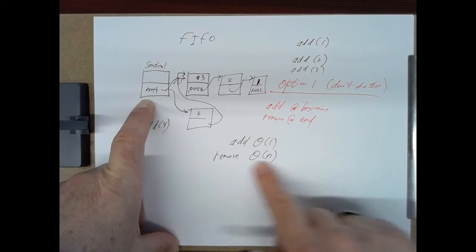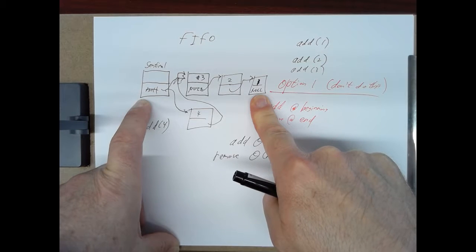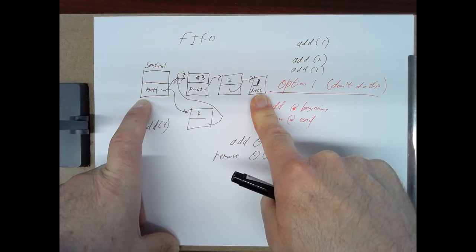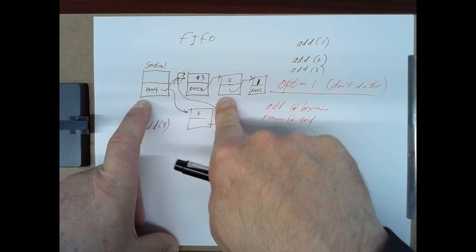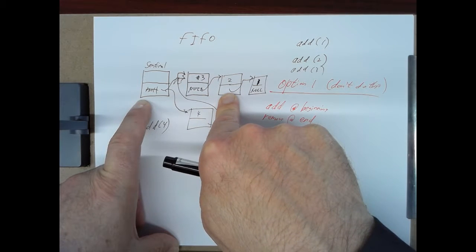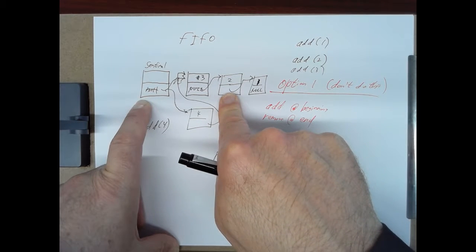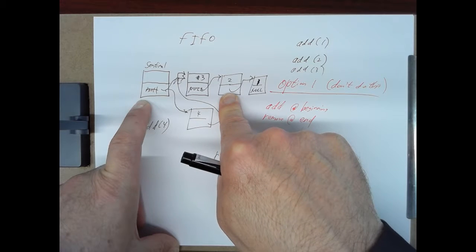And now when we want to remove, we just follow that. It takes us right to temp. And we can return that data, but we need to somehow back up to the prior node to set this thing's next to null. And we can't do that unless we have a pointer to this node. And so short of making a doubly linked list, this is going to be really expensive.